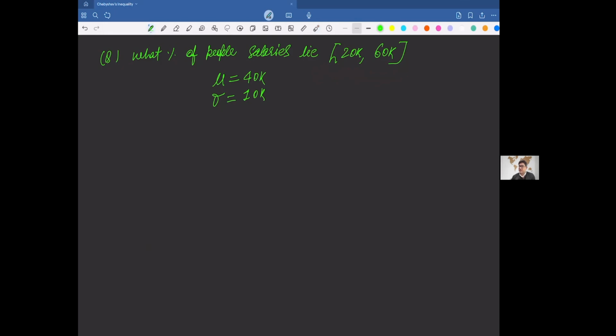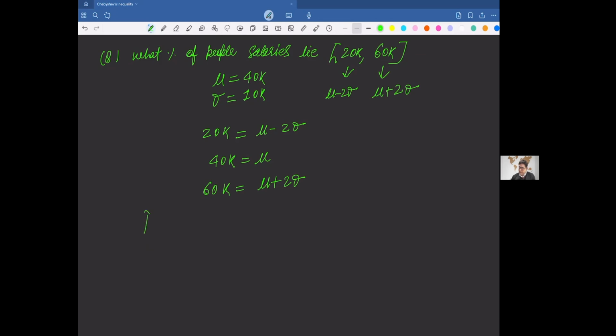From this, you can say that 20K is equal to mu minus 2 sigma, 40K is equal to mu, and 60K is equal to mu plus 2 sigma.